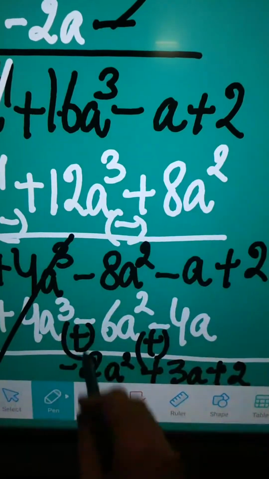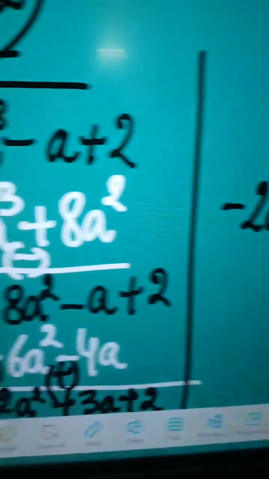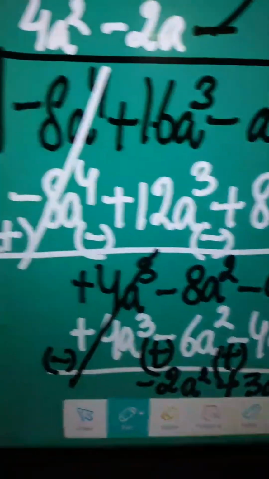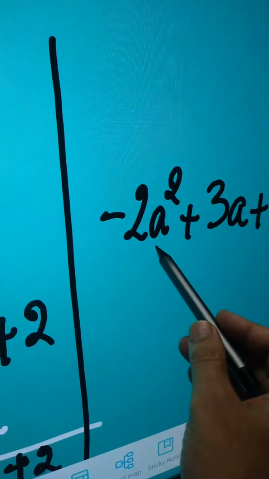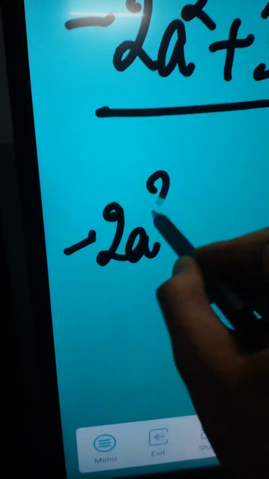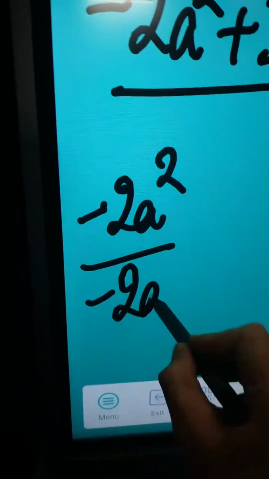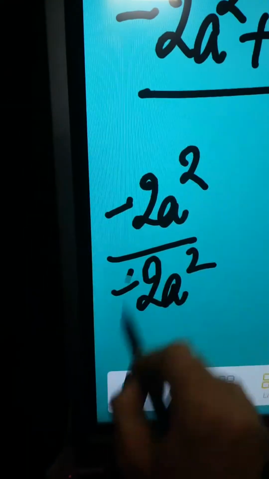Okay. So this was minus 2a square. Now how will I know what will come? Let's see again. Which number do I have to divide? I have to divide minus 2a square by minus 2a square. What will it give you?